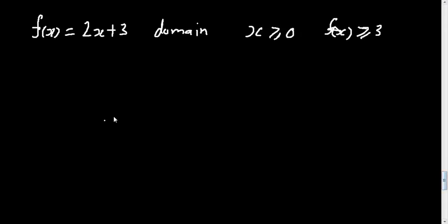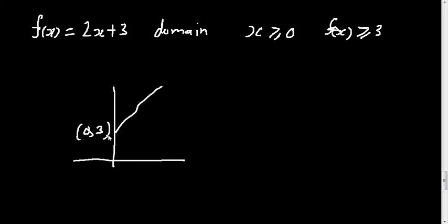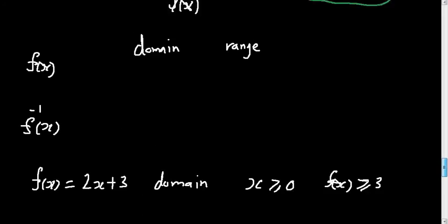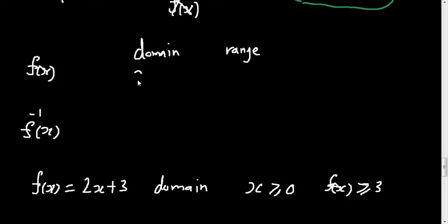If I were to sketch this one, it'll look something like this, because this point here is the intercept, which is 3. The x coordinate is 0. So that's how the actual function looks. The domain of the actual function is x greater than or equal to 0, and the range is greater than or equal to 3.